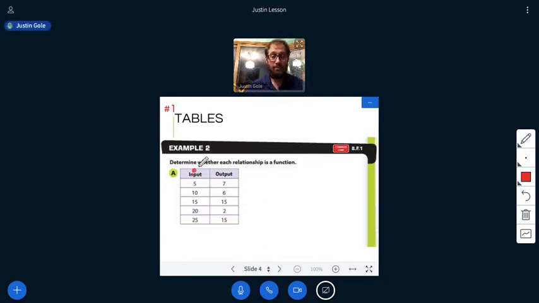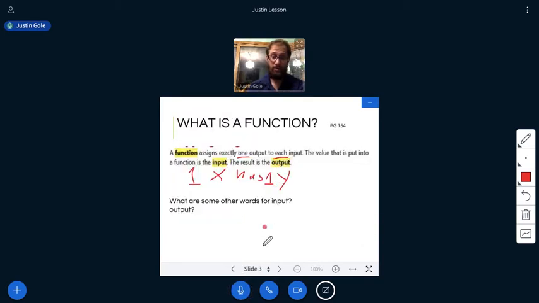So if we have an x and y chart, an x and y table, we look at input x and output y. We look for 5, there's only one output. For 10, there's only one output. For 15, there's one output. For 20, there's one output. And for 25, there's one output. So each input has one output.